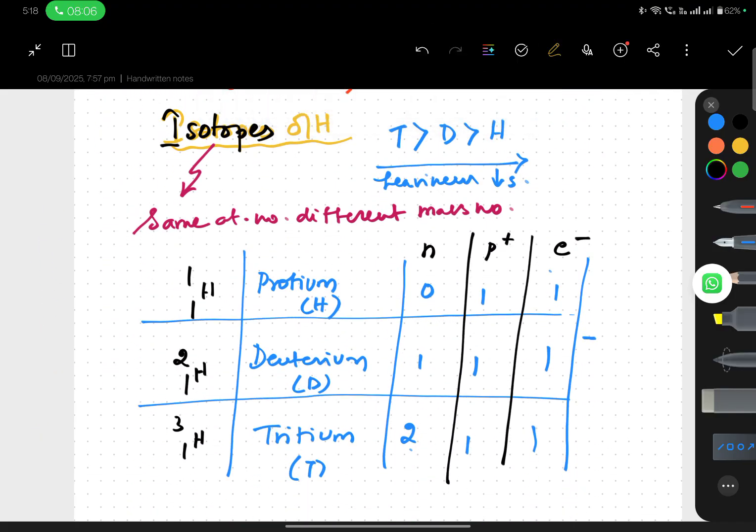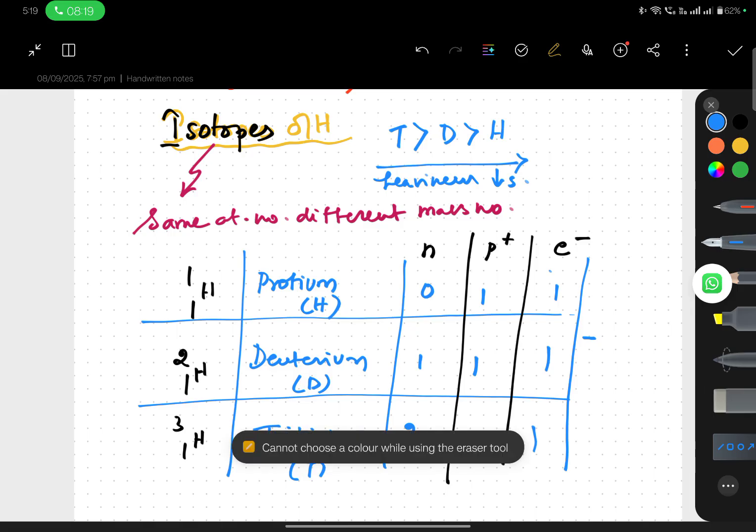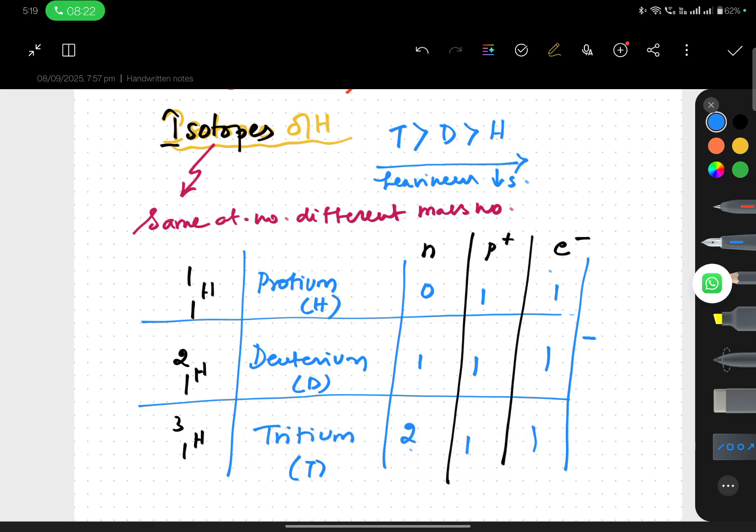Copied, ma? Yes, sir. So these are all the isotopes of hydrogen, and please make a note of a very important point. In nature, protium is present at 99.985%. Deuterium will be 0.015%.